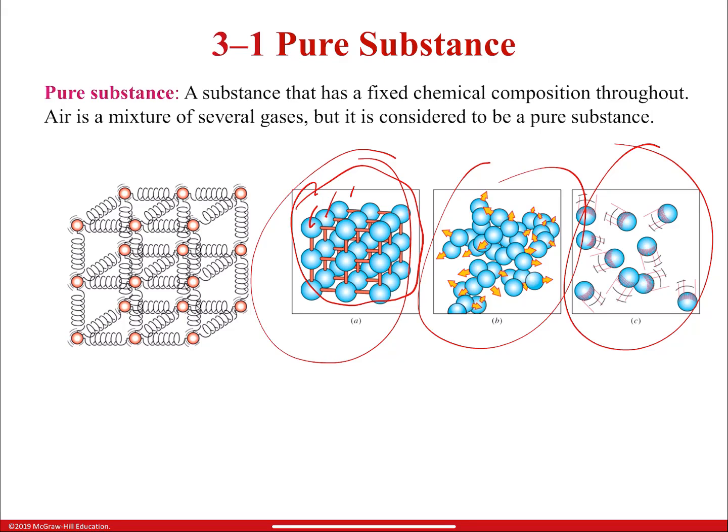Then when we go to the liquid phase, the molecular spacing is not much different from the one in the solid phase, except that the molecules are no longer at fixed positions relative to each other, and they can rotate or translate freely.